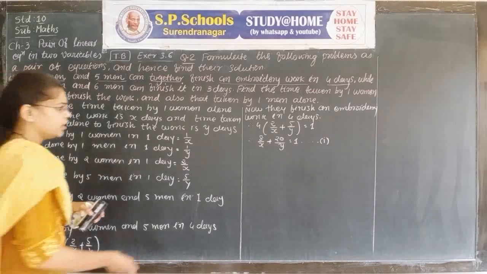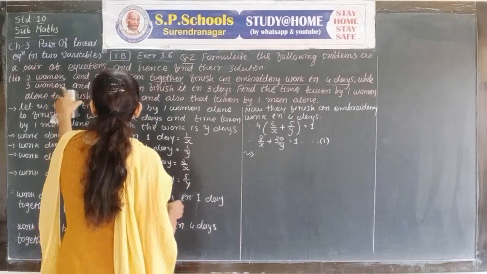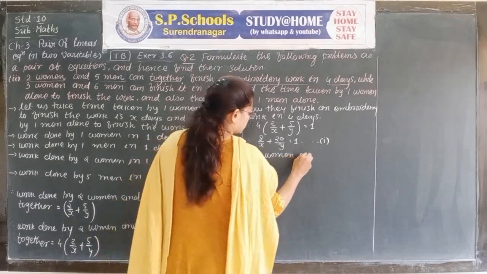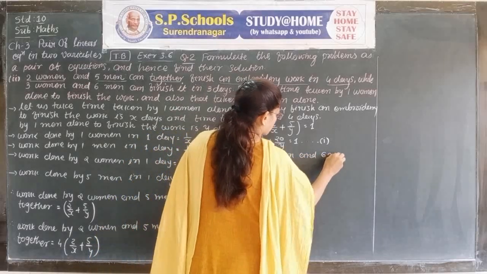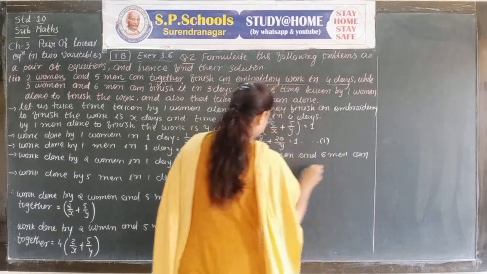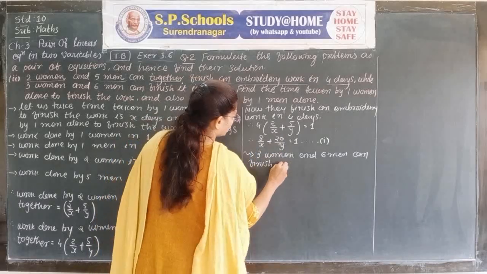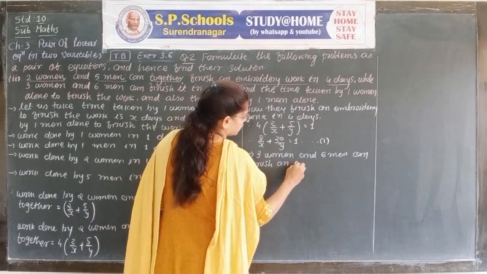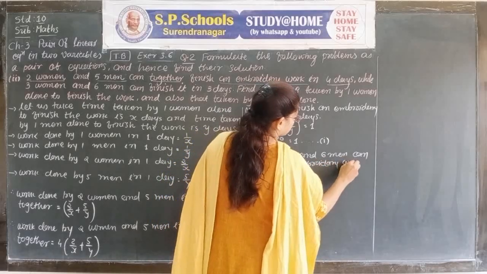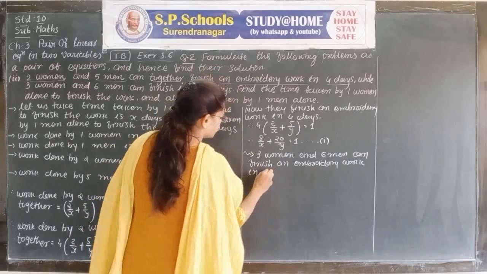We write the equation directly, using the condition that 3 women and 6 men can finish an embroidery work in 3 days.